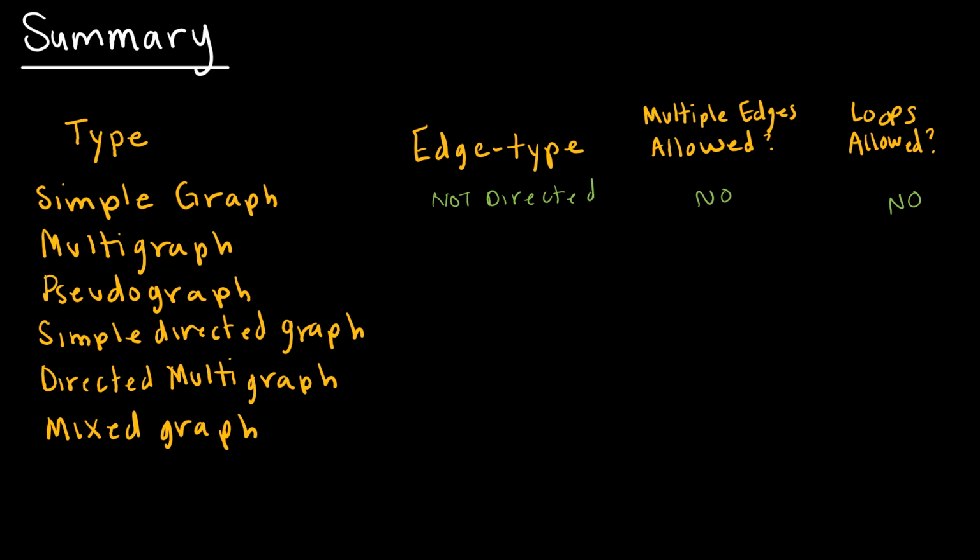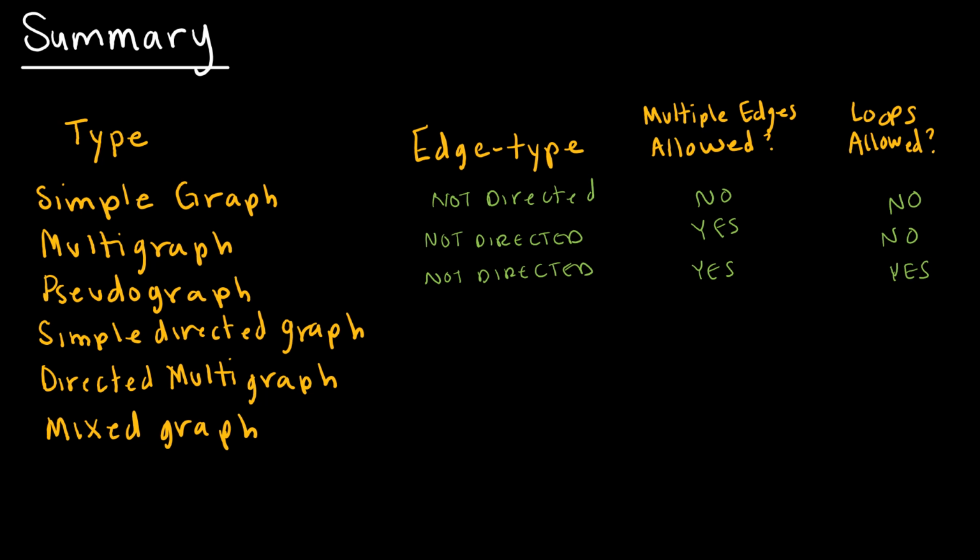No, you can't, again because it is simple. But if we're looking at a multigraph, it still has edges that are not directed, so it's non-directional. I can have multiple edges, but I still cannot have loops. So if I want this to be a yes in a non-directed graph, then it's got to be a pseudograph. I can have multiple edges and I can have loops. Again, this is not directed.